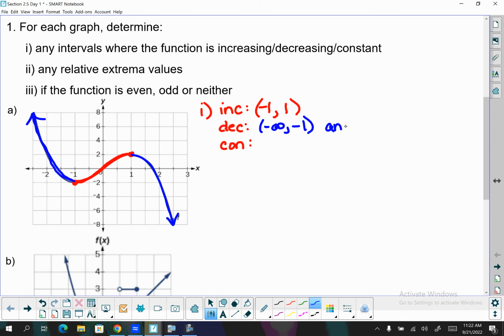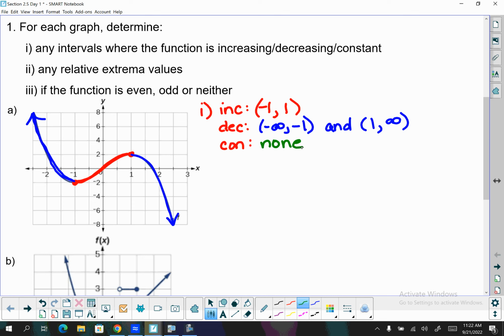And then it decreases again from 1 all the way to what? Infinity. Positive infinity because it's going to the right forever. Okay, we're just thinking left to right. Are there any places where this graph is constant? No. You do not need to put the U on these. If you can, it's not wrong, but you don't have to.